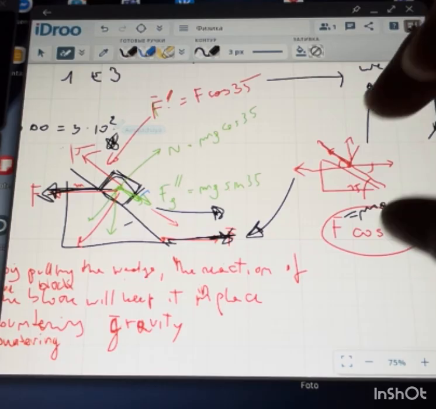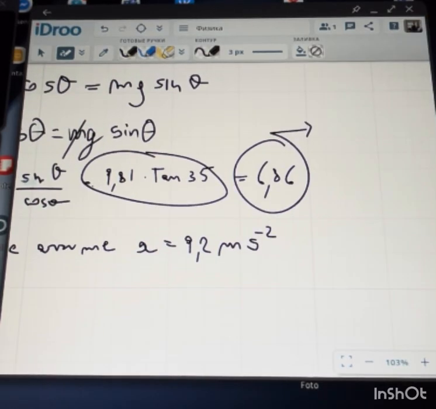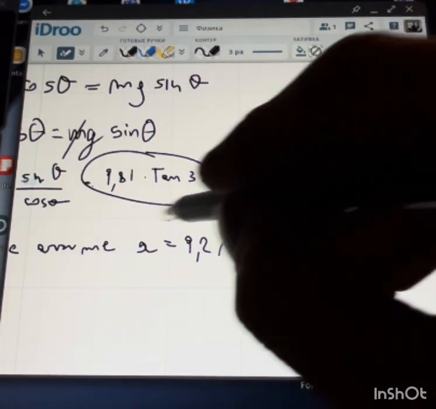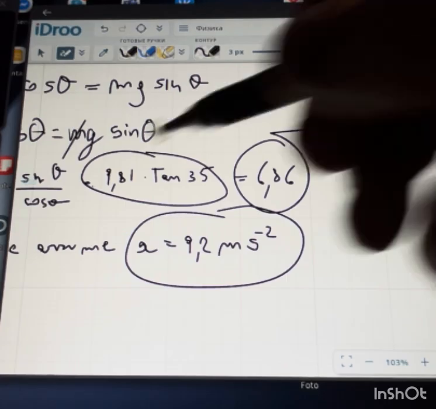Okay. Good. Got it. Now, that means that if we move it to the right with 6.86, the block will stay put. What happens if we move to the right with a greater acceleration? It will move down. Really? No, it will move up.